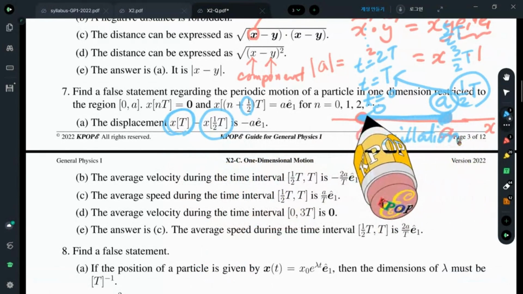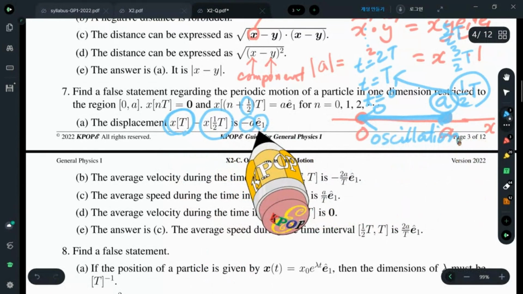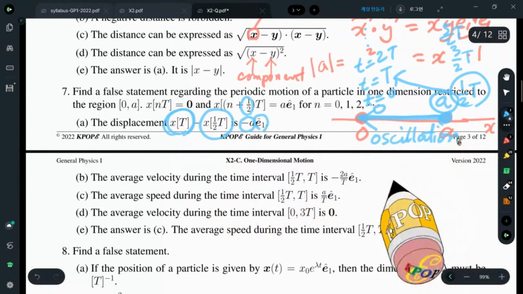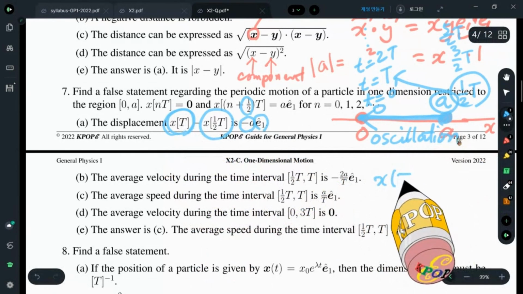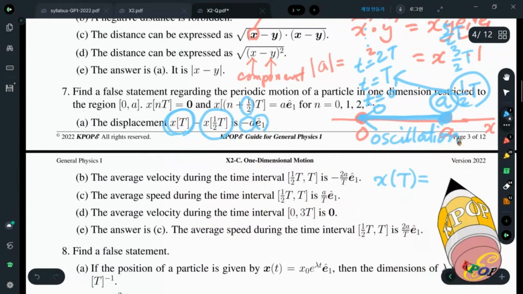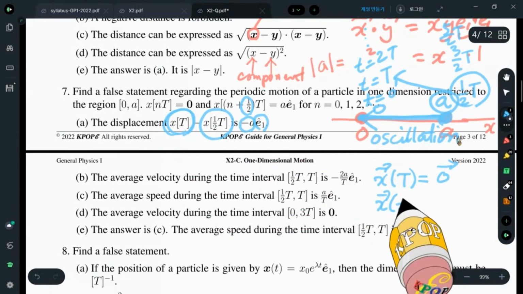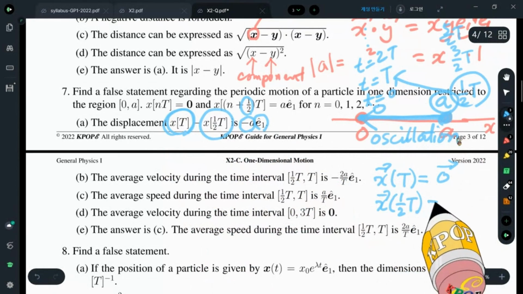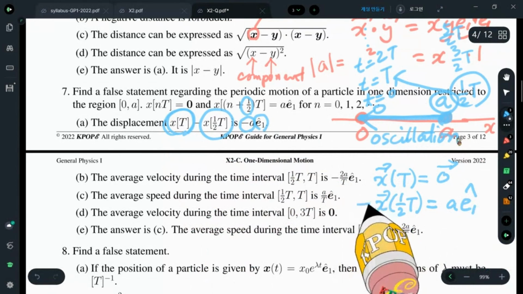This displacement is minus A e1 hat. Understood? Because x at capital T equals the 0 vector, x at 1/2 T equals A e1 hat. Subtract.